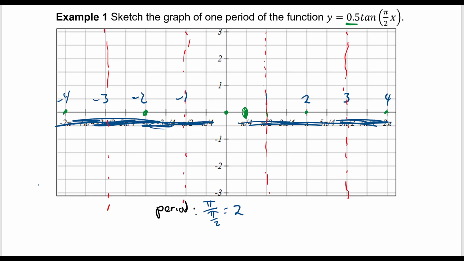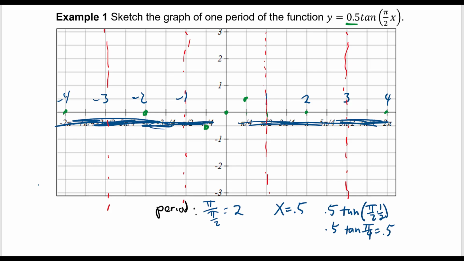We can plug in values to get that too. When x equals 0.5, we're looking at 0.5 times tangent of pi over 2 times 1/2, which is 0.5 times tangent of pi over 4. Tangent of pi over 4 is 1, so we get 0.5. So I'm going to mark that here, and likewise we'd have one down here.